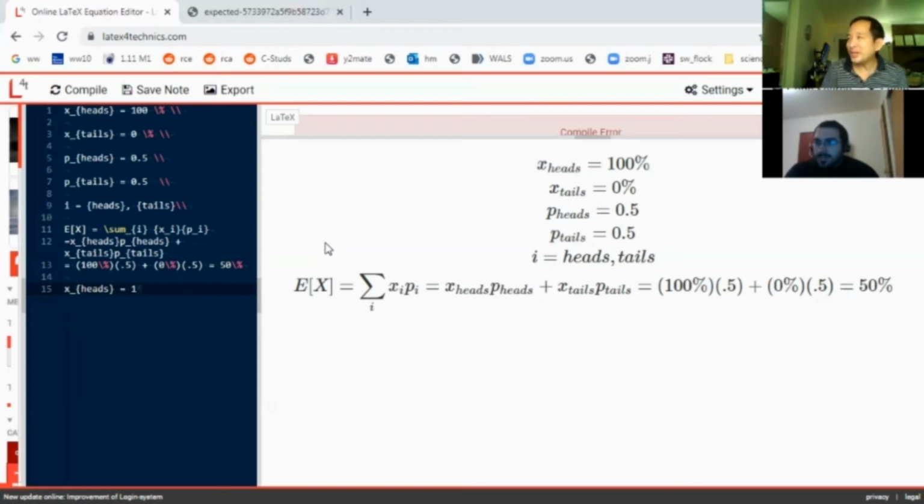Yeah, we could actually use the same symbols. So let me change the percent symbols into dollars. See if I could do that. Dollars, okay.